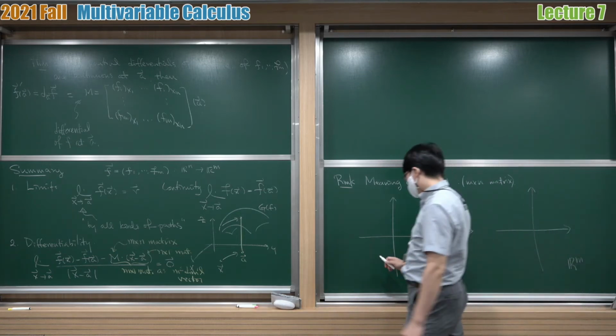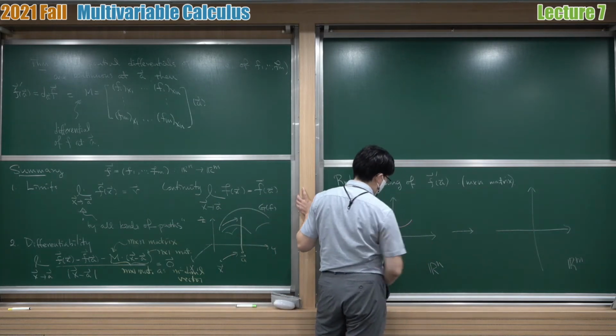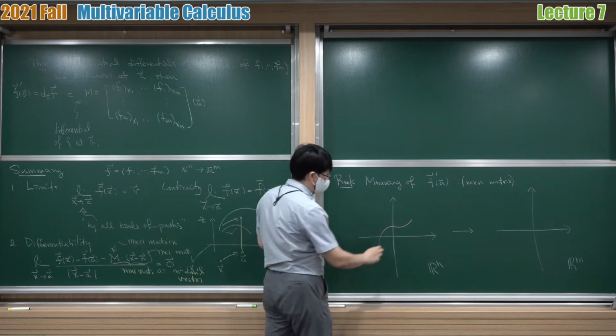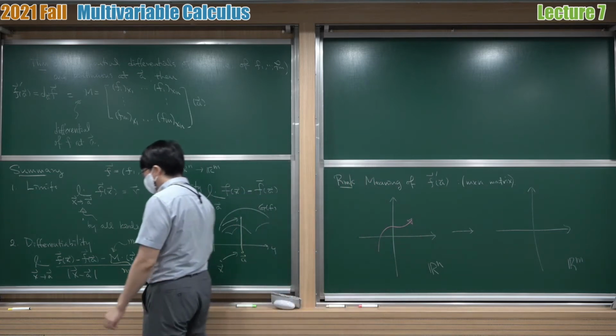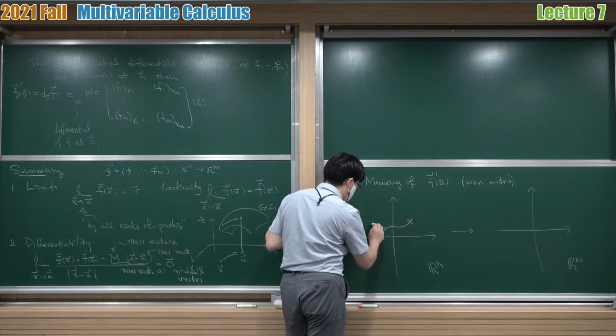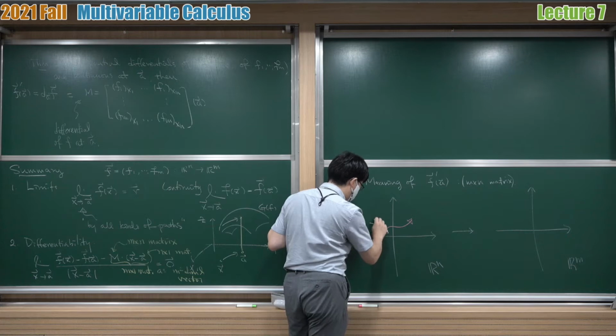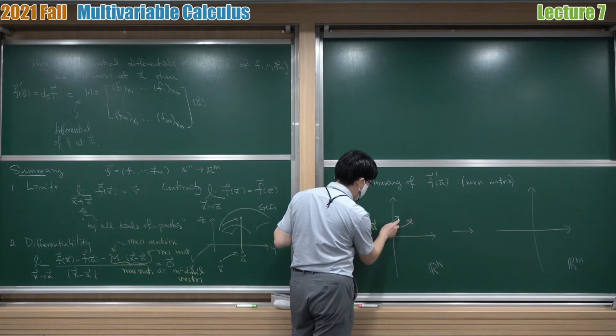Suppose that I'm having a curve inside this n-dimensional space. And let's say at some point, let's say A, my curve is moving in a certain direction.